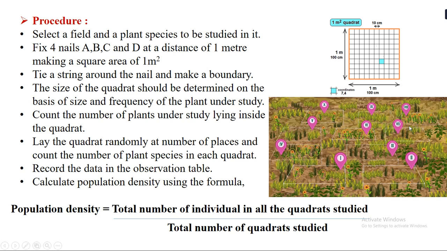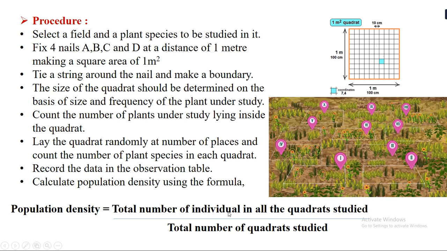Once you record the data, you have to calculate the population density using this formula. The formula is population density, that is D equals N upon S. N over here is the total number of individuals in all the quadrants studied. Suppose, as a random calculation, there are 10 individuals in all the quadrants.